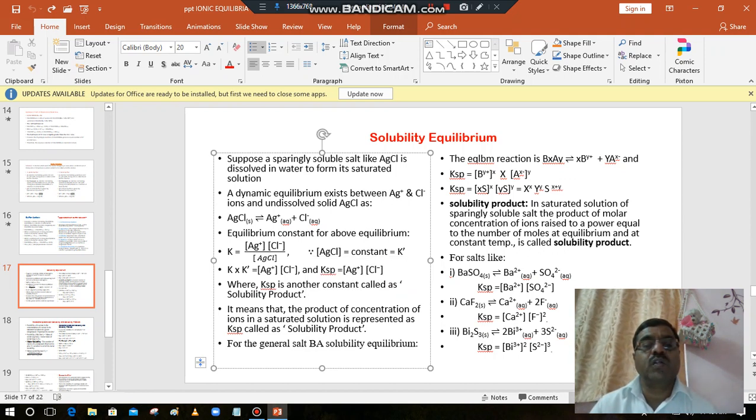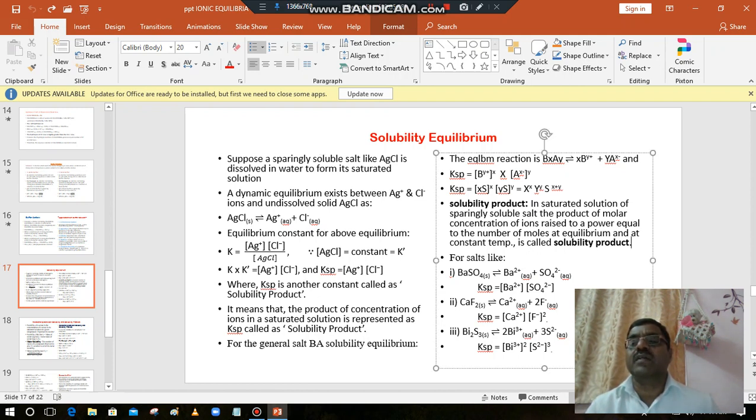It means that the product of concentration of ions in a saturated solution is represented as Ksp and called the solubility product. It is defined as, in a saturated solution of sparingly soluble salts, the product of molar concentration of ions raised to a power equal to the number of moles at equilibrium and at constant temperature is called solubility product.